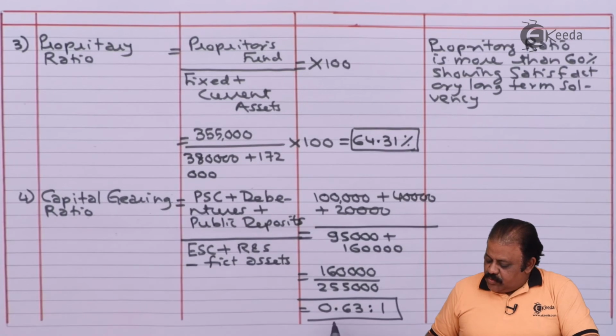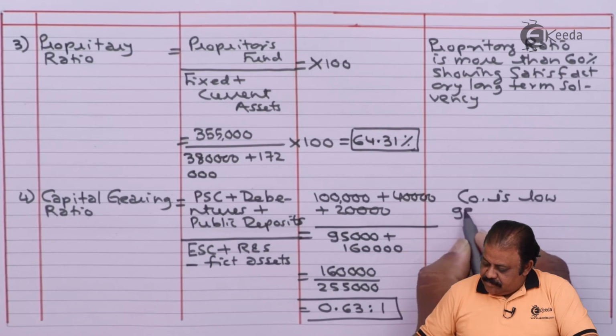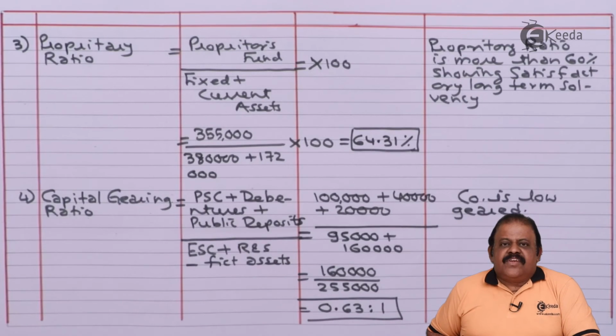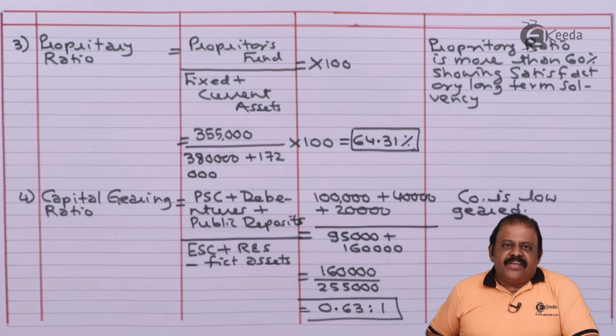Capital gearing ratio 0.63:1. This ratio suggests that company is low geared.